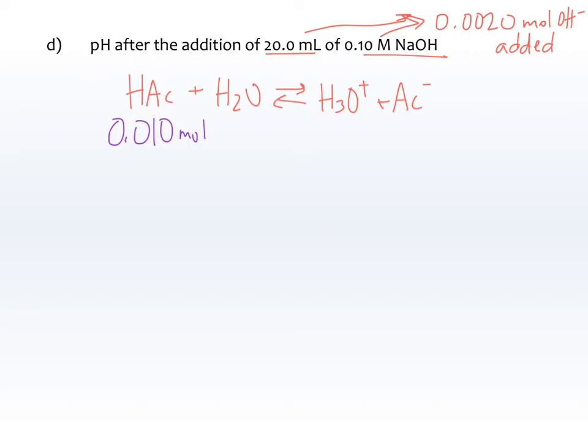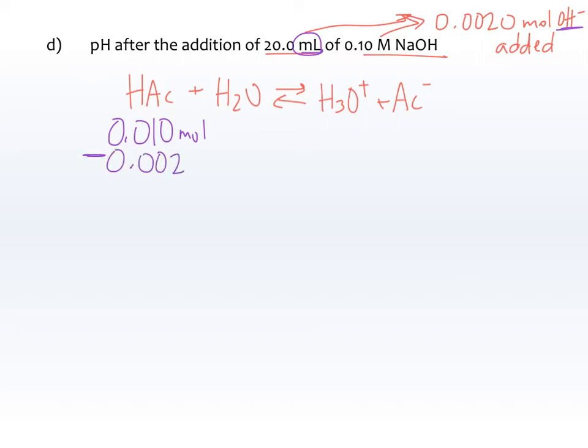Notice that I'm using moles here and not molarity, because now that I have 20 milliliters added, a new volume, my molarity will change. So I'm going to deal with moles initially, and then I'll come back and deal with molarity. So I'm adding 0.002 moles of a base. And when you add a base, it adds to the base and subtracts from the acid.